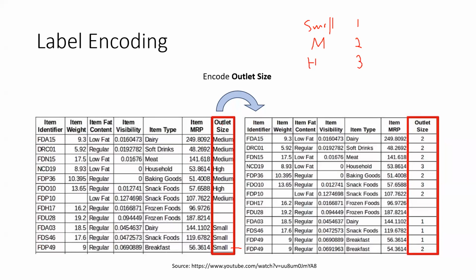So we map each of the categories to each of the labels, right? So we have some integer labels. We map each of the ordinal values to integer labels.